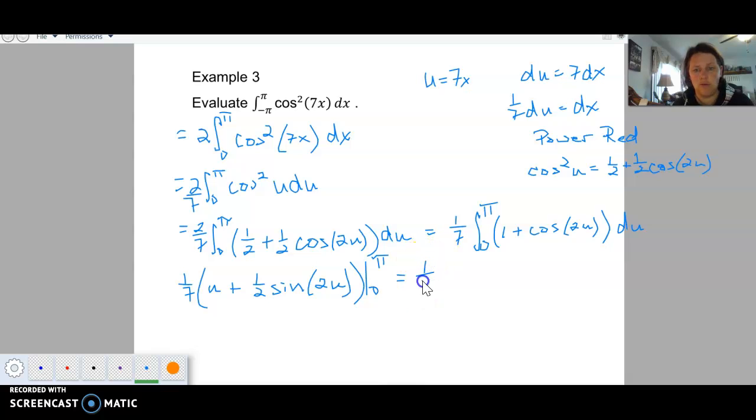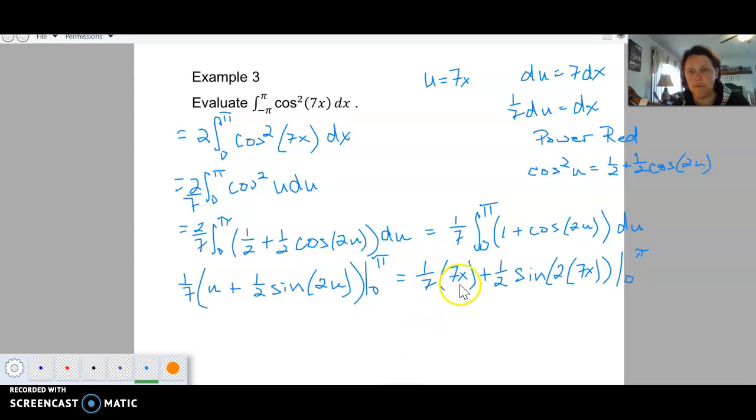So now I get 1/7 instead of u, u was 7x, plus 1/2 sine of 2u. I want to plug in my u, so sine of 2 times 7x. Okay, evaluated from 0 to pi.